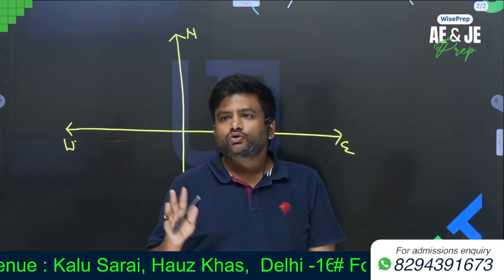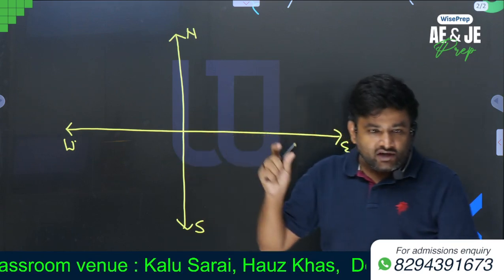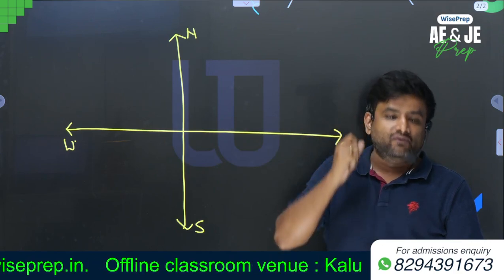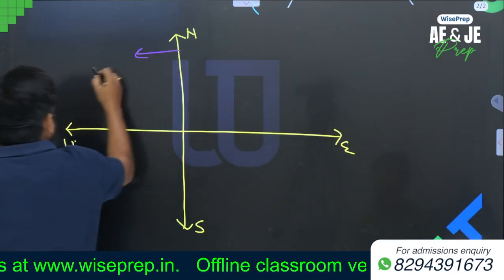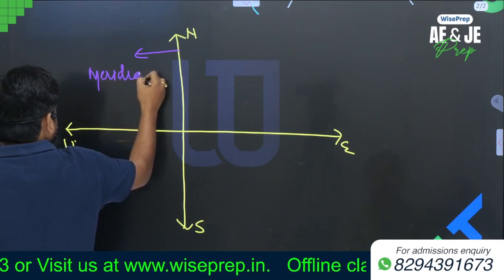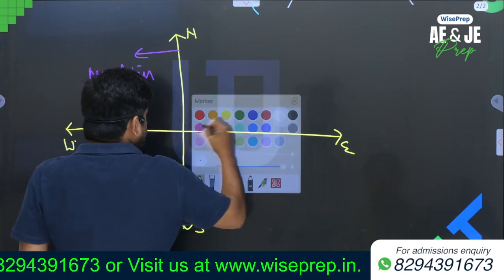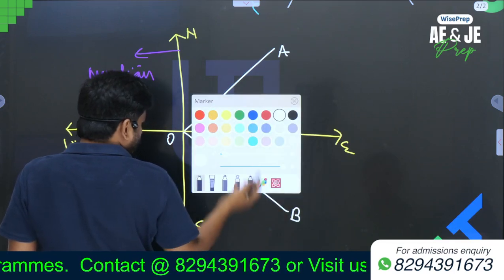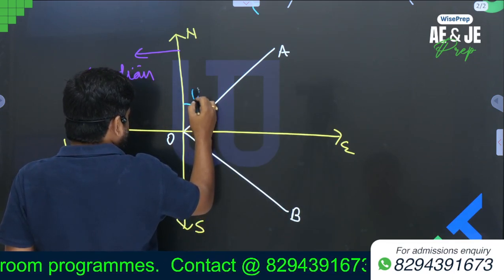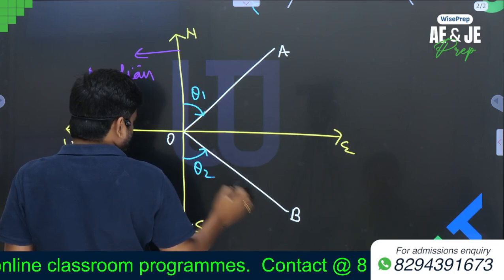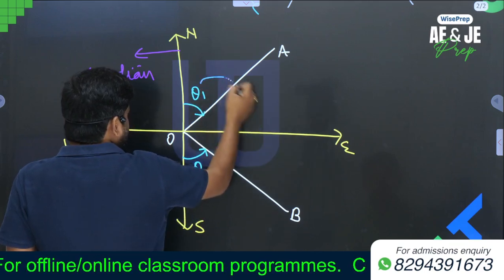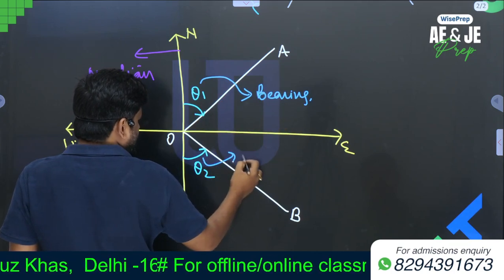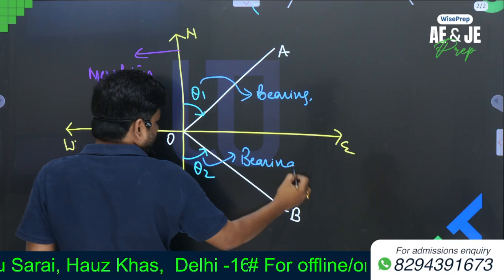Whenever the direction of any line is defined with respect to the given meridian, that is known as the bearing of that line. If I consider north and south as the meridian, and I am considering the lines OA and OB, obviously this is theta 1, this is theta 2. So this theta 1 is bearing. This theta 2 is bearing.